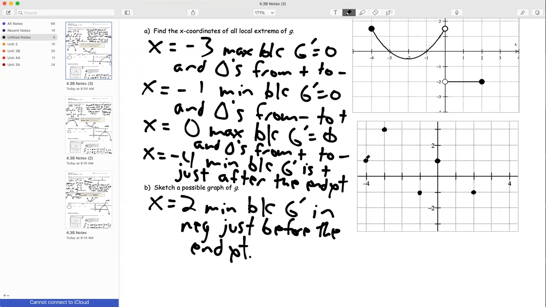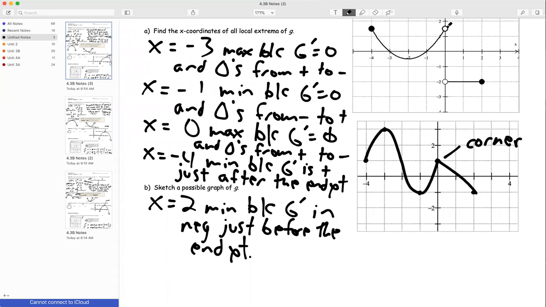So let's see, this is going to go up and then down and then up to the corner there and then down. I have a corner at x is equal to 0 because my derivative is undefined. I know it's undefined because I have a jump discontinuity in my derivative graph.